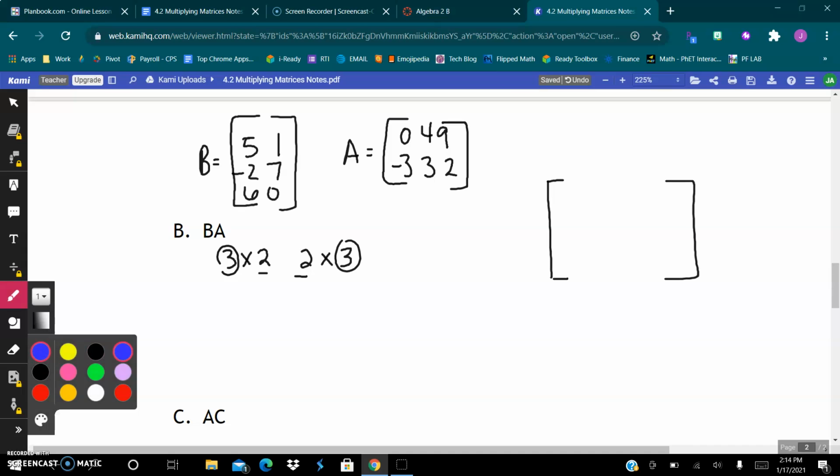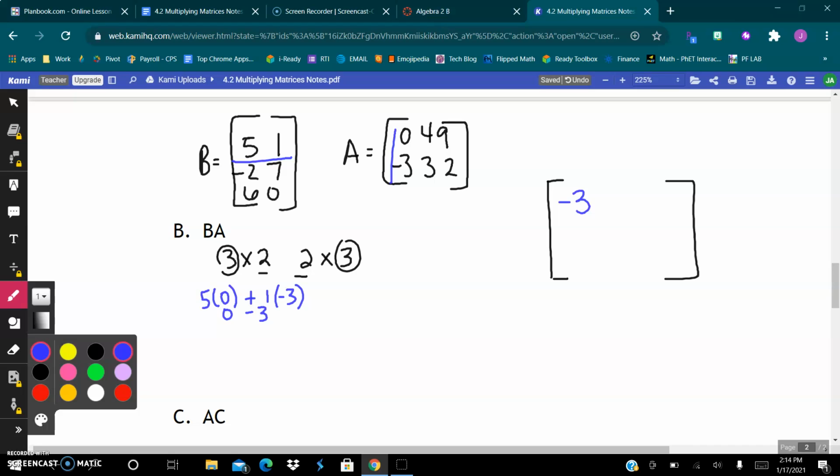So we're going to start off first row, first column. I have 5 times 0, and I have 1 times -3. And that is going to be 0 and -3. So that's going to be a -3 for our first number.